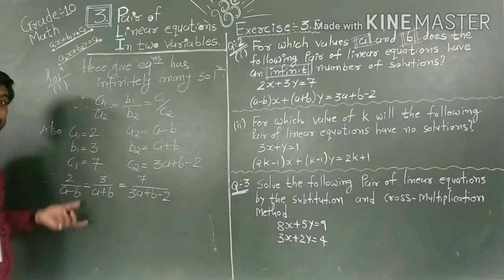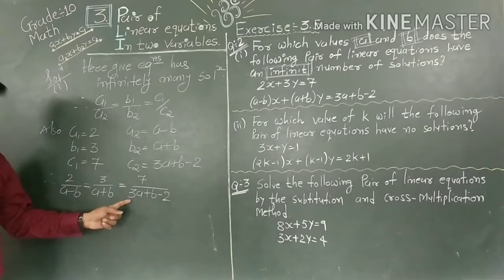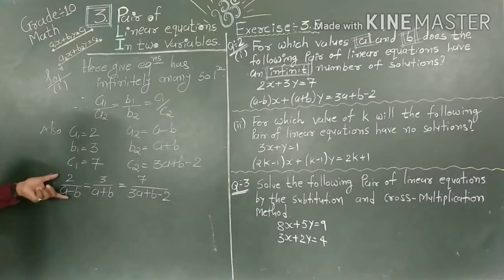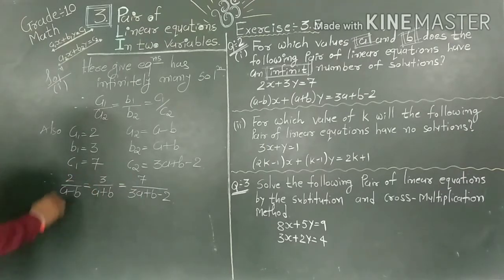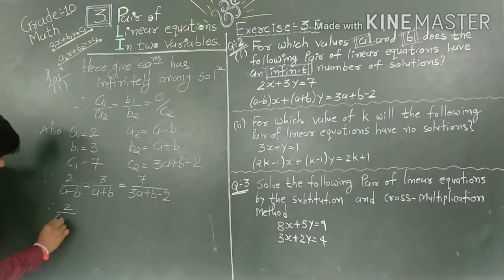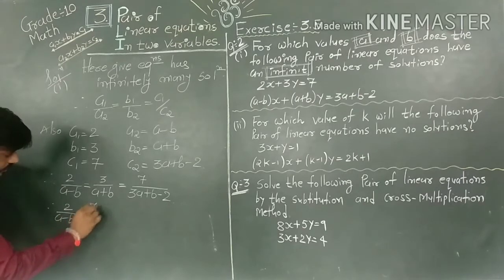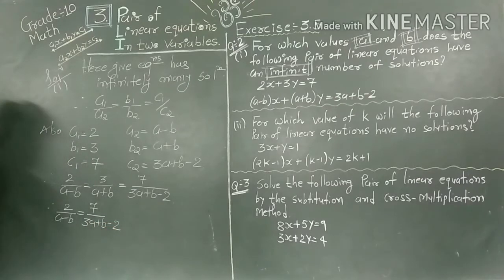Our main aim is to find the value of a and b. Now we compare these ratios. Comparing the first and third, 2 upon a minus b is equal to 7 upon 3a plus b minus 2.